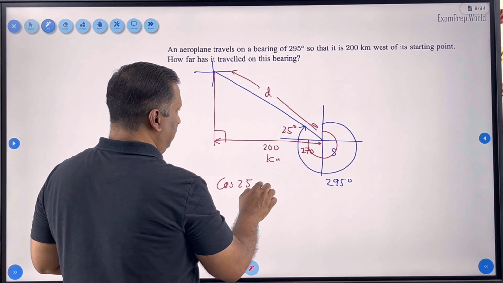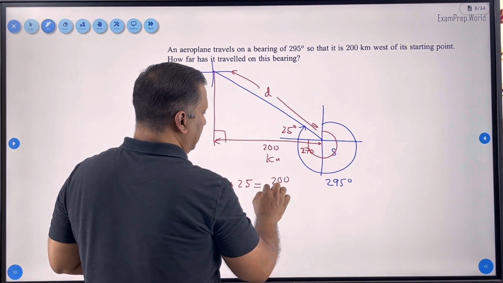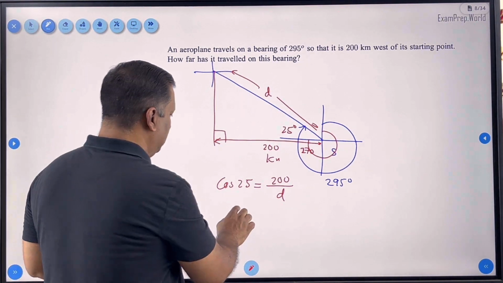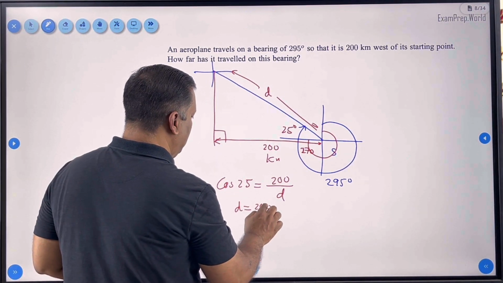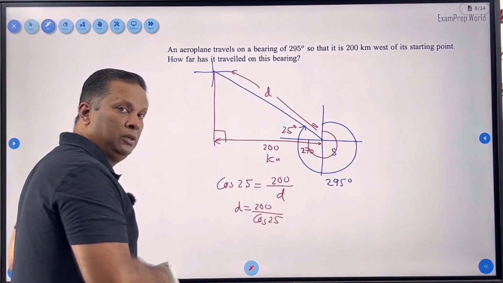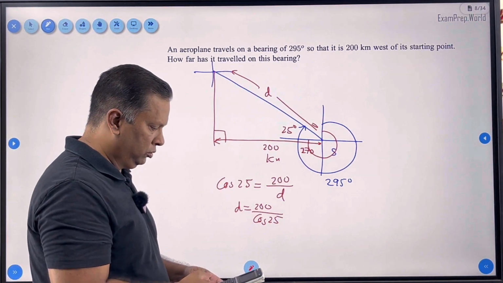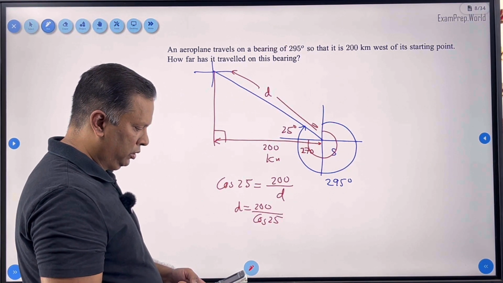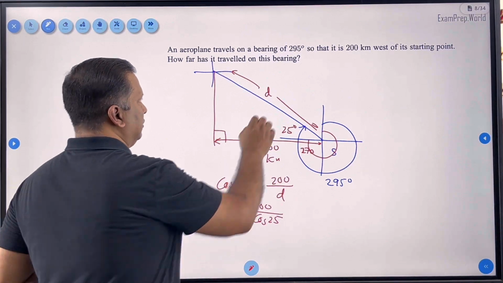Cos 25 equals 200 upon d. So d equals 200 upon cos 25, and this will give you your answer. Let's do 200 divided by cos 25, which is 220.68.